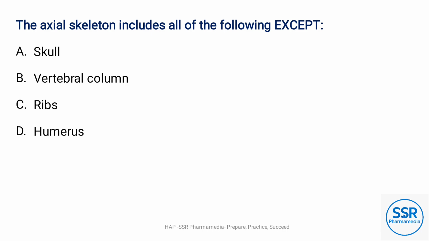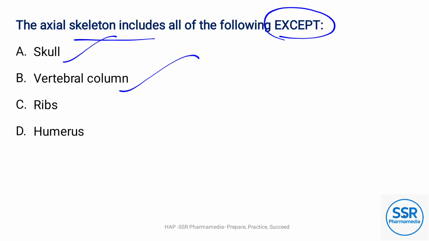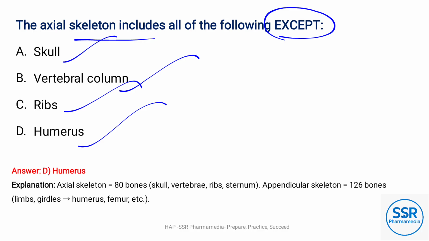Next: the axial skeleton includes all of the following except: option A, skull. Option B, vertebral column. Option C, ribs. Option D, humerus. So the answer is option D, humerus. The axial skeleton contains 80 bones: skull, vertebrae, ribs, sternum.